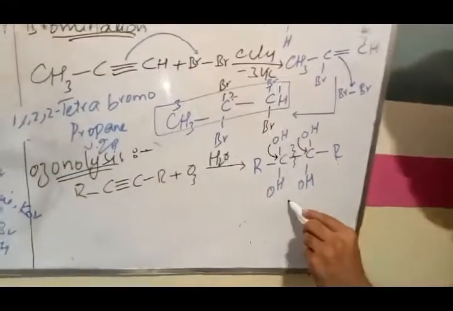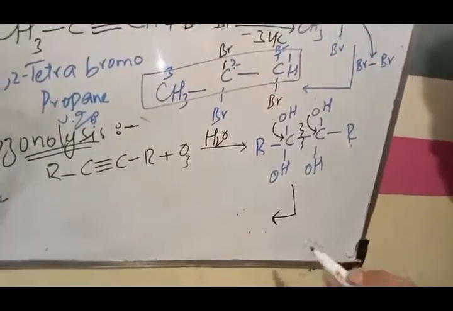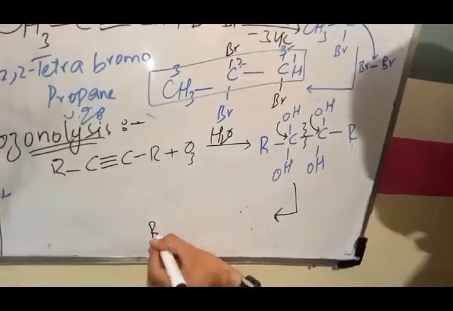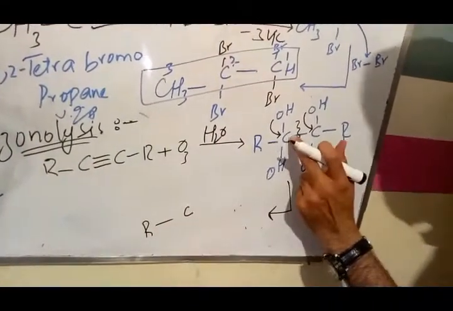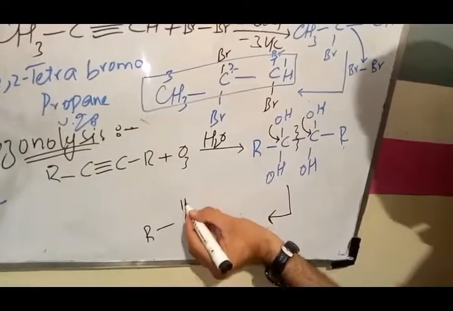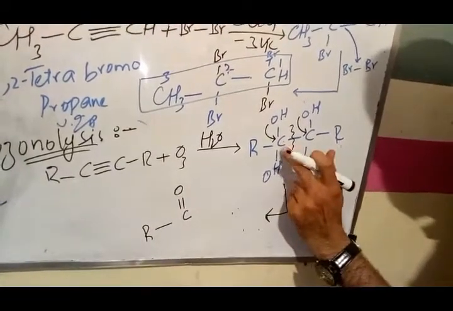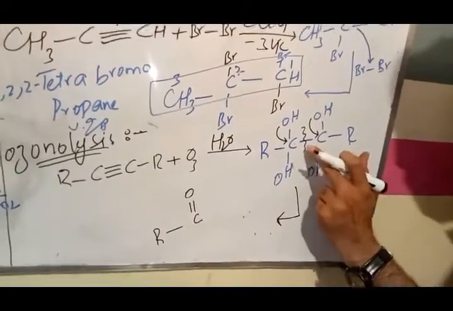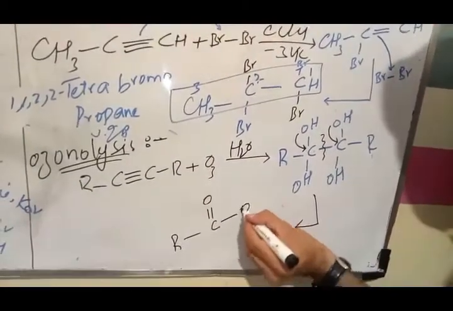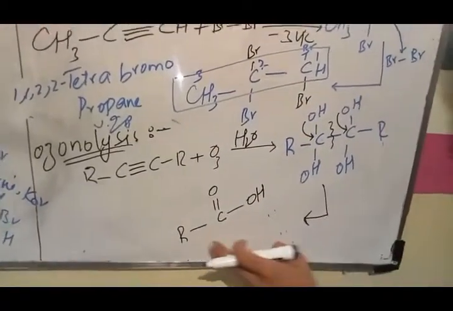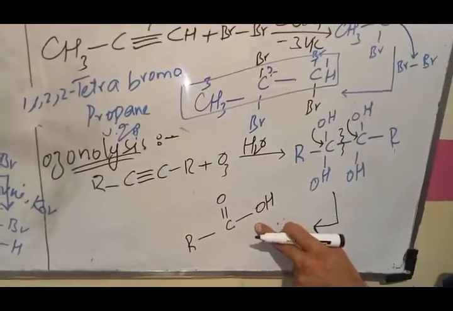As a result, our product will be formed as R single bond C. This carbon will make a double bond with this oxygen. As you can see, this carbon and this carbon break this bond, and this OH will be at this side. So this will be our first product, that is known as acid.